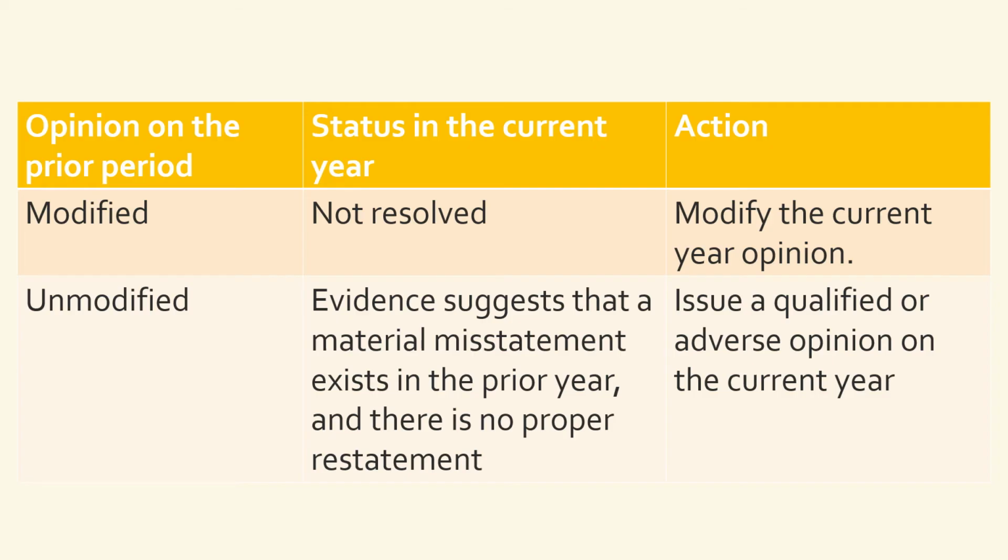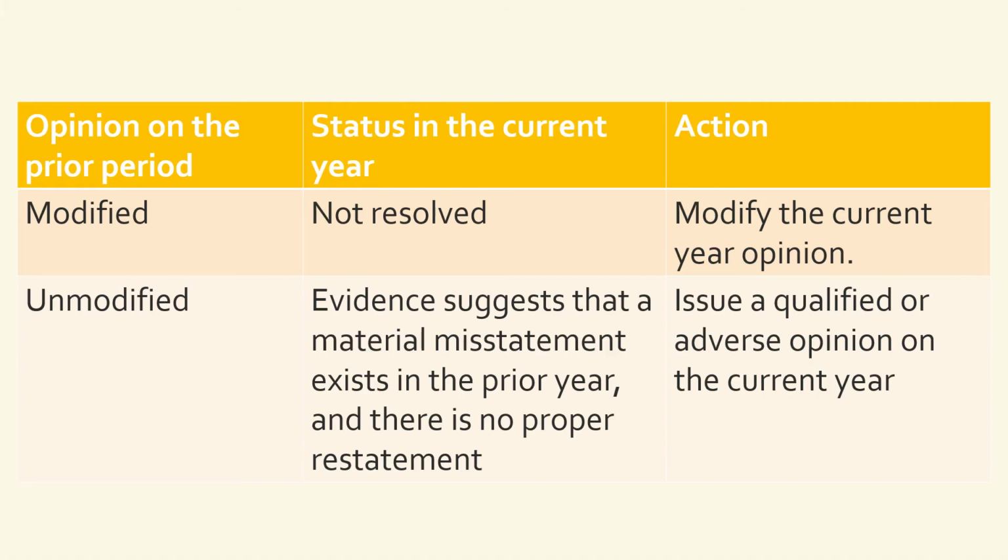If, for example, the opinion on the prior period, which is the corresponding figures, is modified and it has not been resolved, even the current year opinion will also be modified.